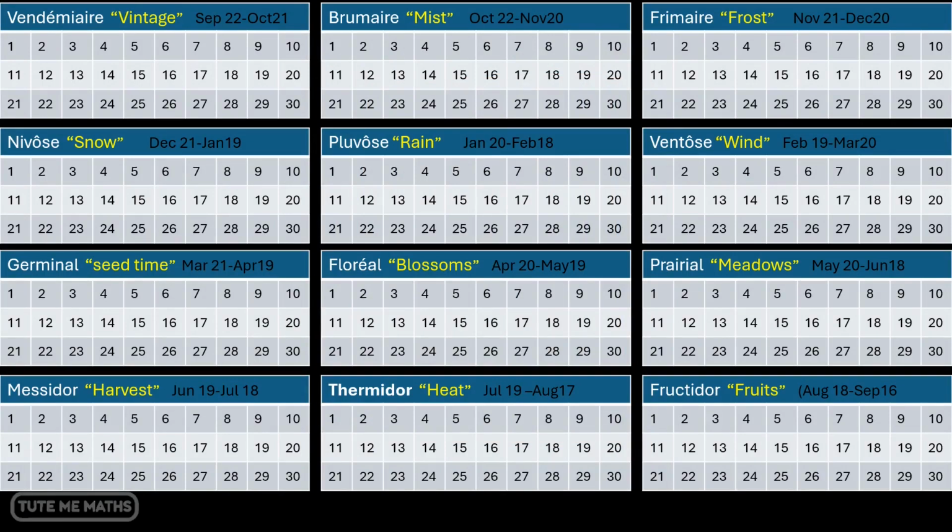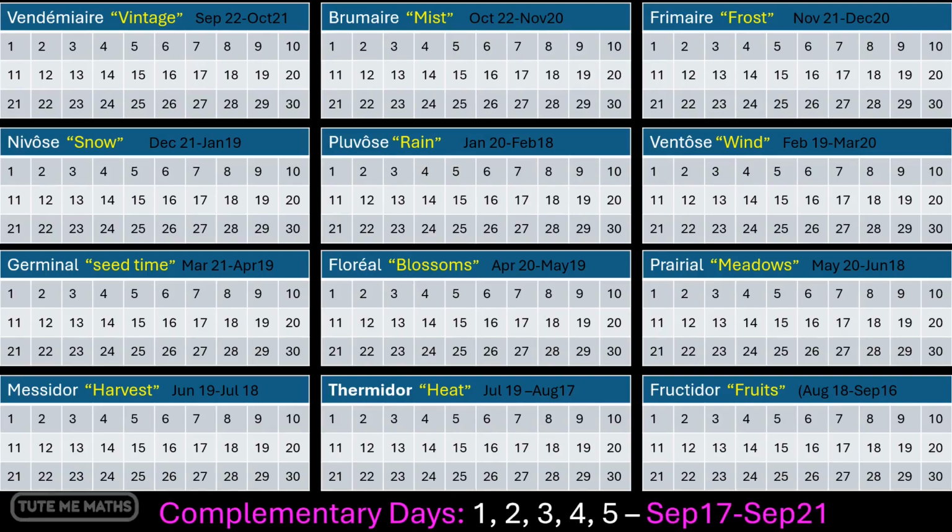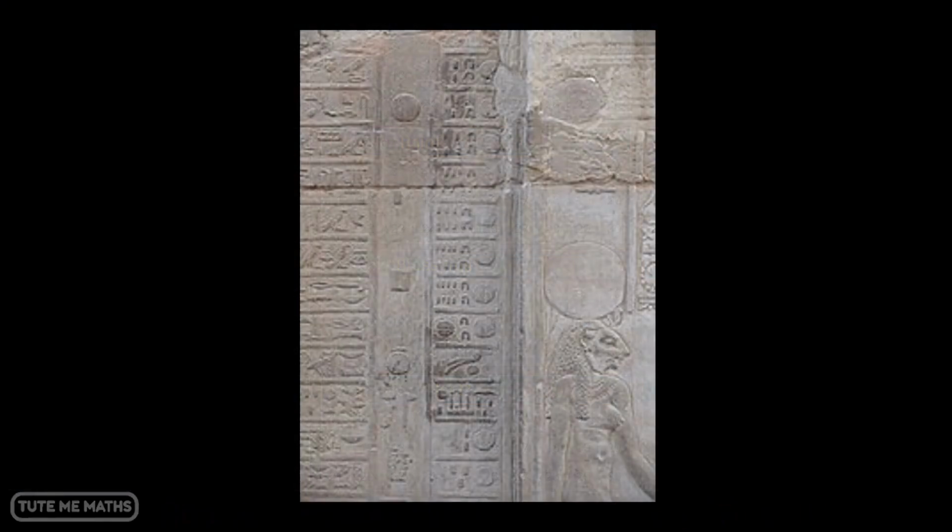The new months were named after nature and seasons, but the year started on our September 22nd. 5 extra complementary days were added to the end of the year to keep up with the solar year. This calendar was almost an exact copy of the ancient Egyptian calendar, other than the names and the starting date when compared to ours.